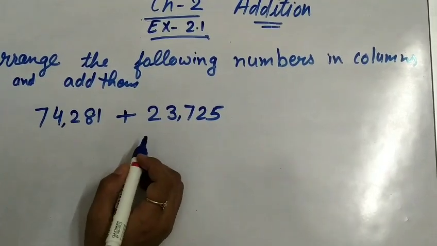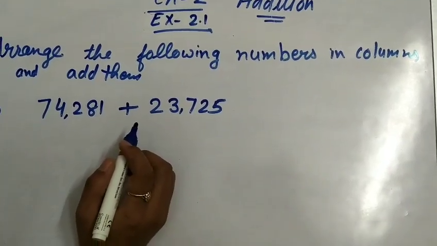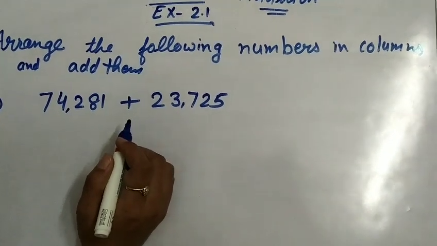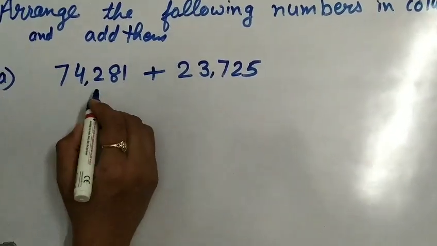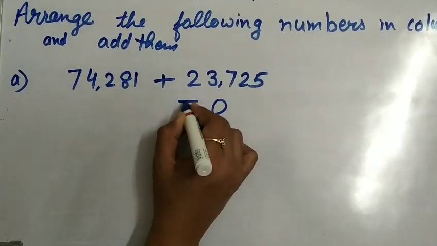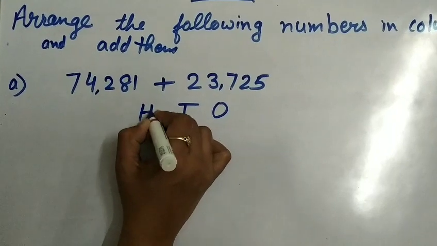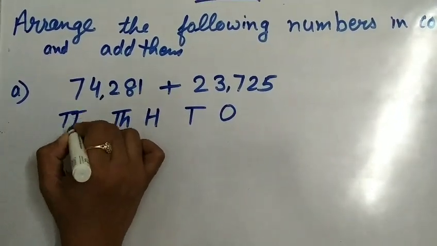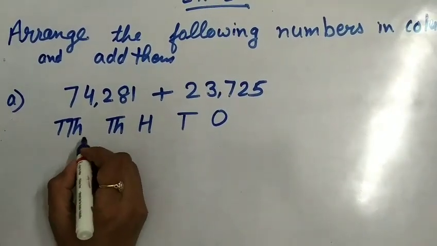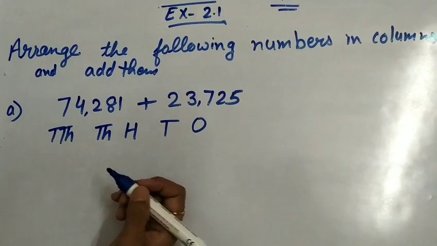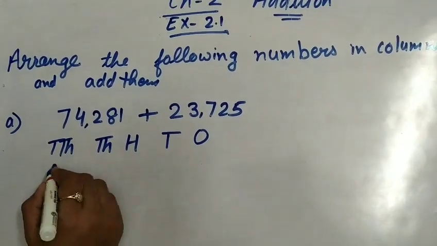See, have you observed? We have to make the place value chart till which place? Yes, 10,000. First place is ones, tens, hundreds, thousands, 10,000.